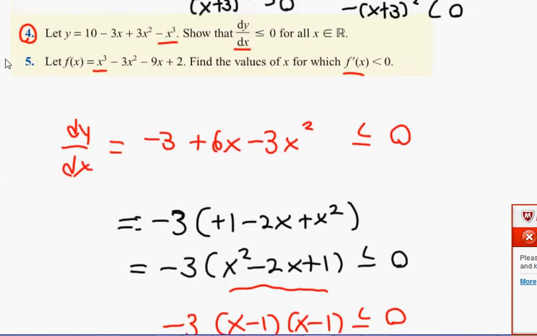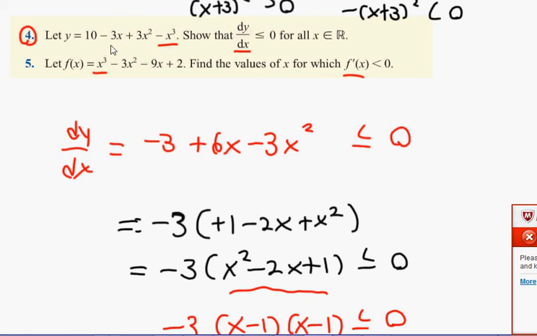Question 4 is actually an easier version of this question. Question 5 is an easier version of this question. All you're going to get is 3x squared minus 6x plus 9. You're going to factorize out the 3. And what is this? Sorry? Plus 2. Oh.